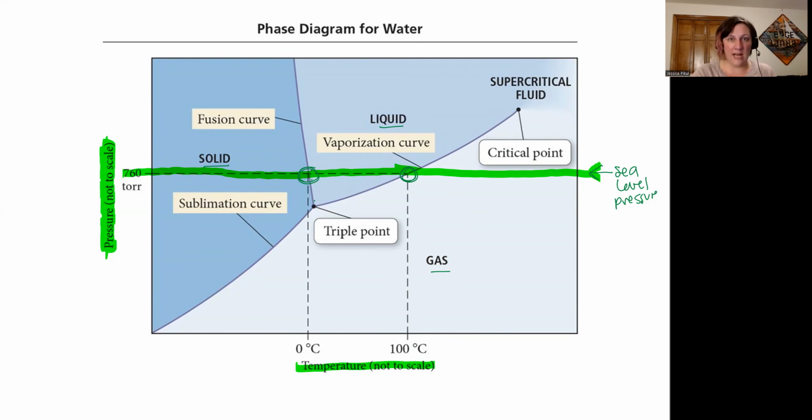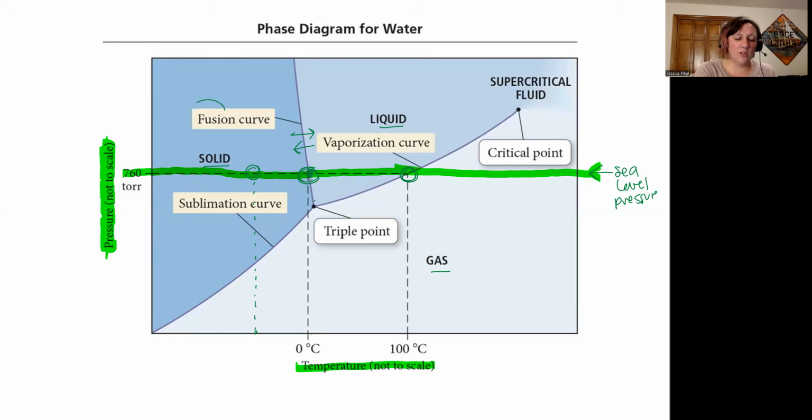So my water at like -30 would be somewhere down here, right? And at atmospheric pressure, I could come up here and say, oh, it's definitely going to be a solid at -30 degrees Celsius. But at 0 degrees Celsius, it'll be on this line right here. And that's going to represent a phase transition between solid converting into liquid and liquid converting into solid.